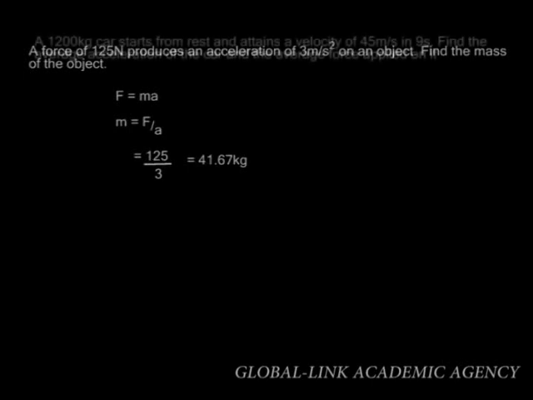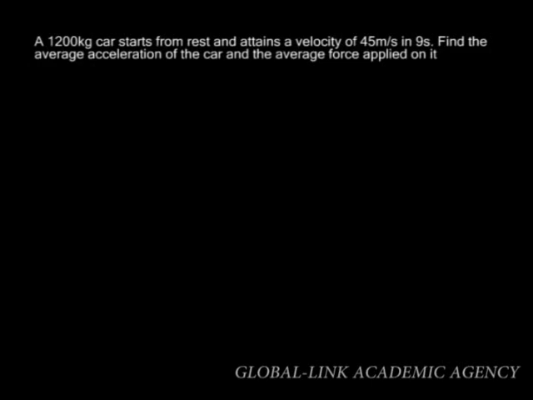Another example. A 1,200 kilogram car starts from rest and attains a velocity of 45 meters per second in 9 seconds. Calculate the average acceleration of the car and the average force applied on it. In our solution, since the car starts from rest, u is equal to 0.